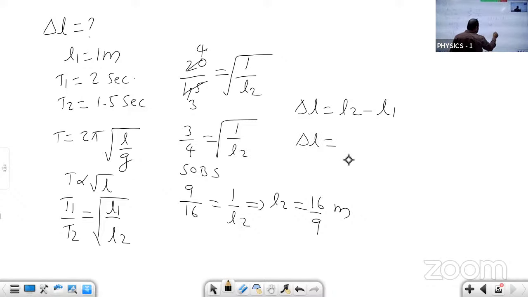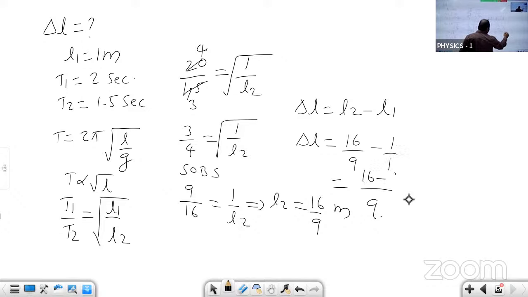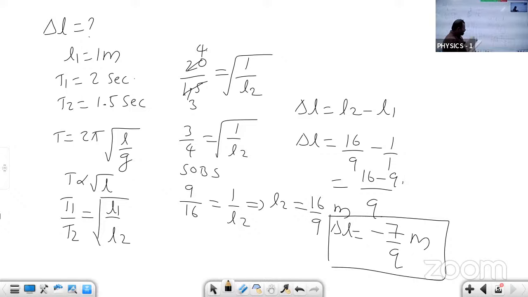Delta L equals 16/9 minus 1, 9 LCM, minus 7/9. Here I think they made a mistake. So minus 7/9 meter; minus indicates that the value decreased.